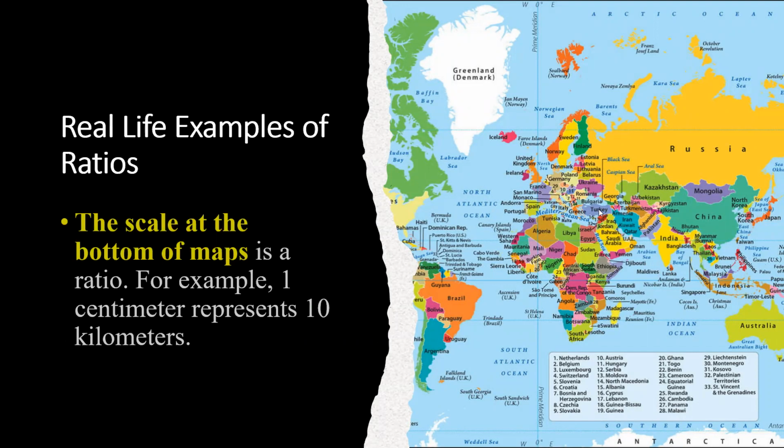Very good. So we use ratios at the bottom of our maps. We know the map is not literally that small, but in real life the distance is really 10 kilometers, but if you look at it, 1 centimeter is 10 kilometers. So that's the ratio.